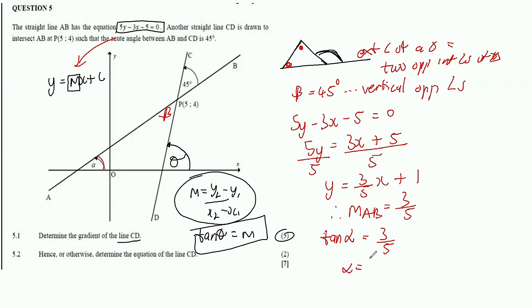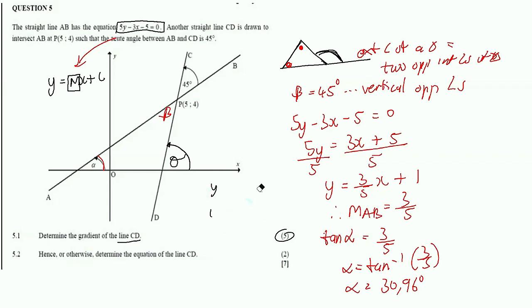Then our alpha is tan inverse of 3/5. At this point, you need your calculator for that one. So to calculate our alpha, we find that our alpha is equal to 30.96 degrees, right?